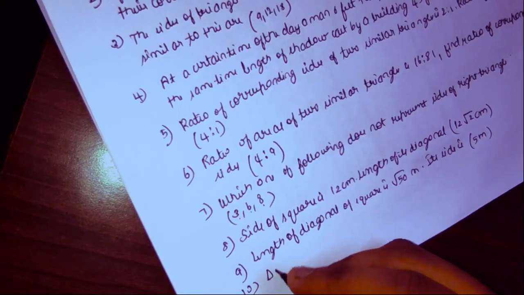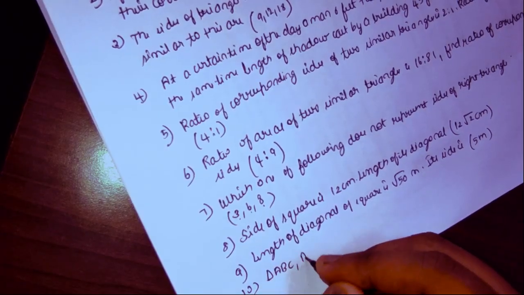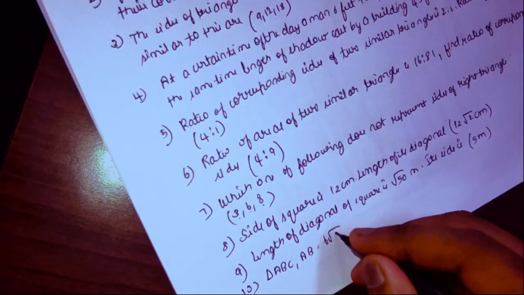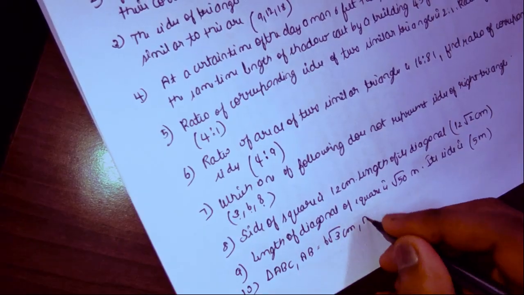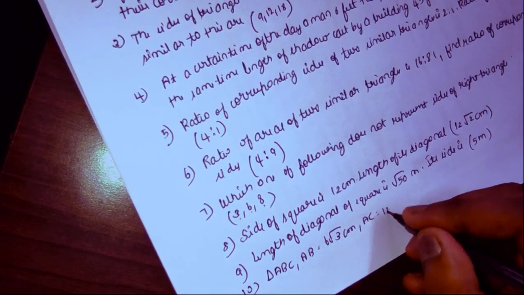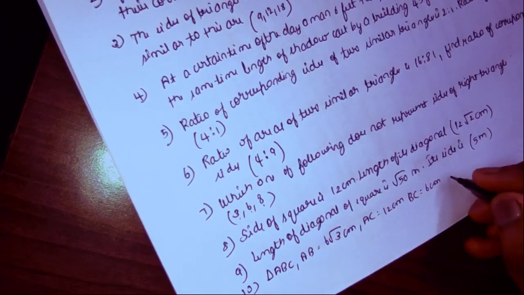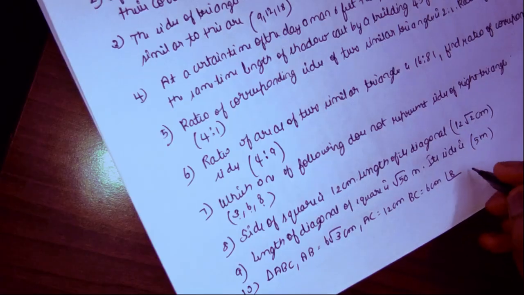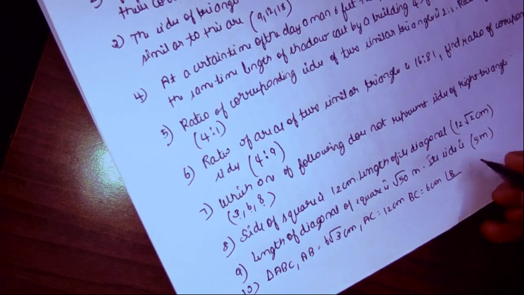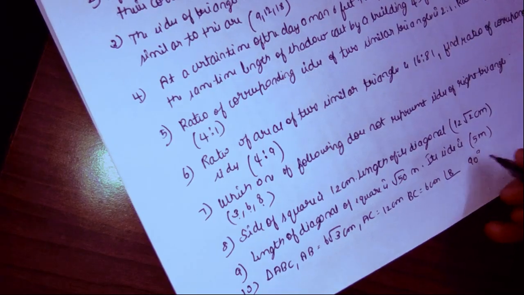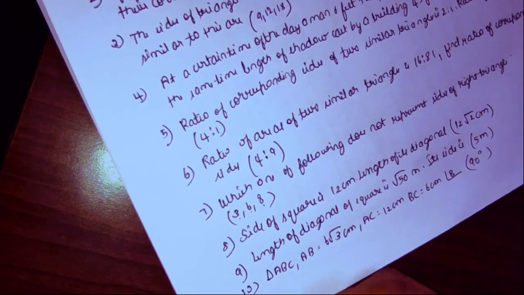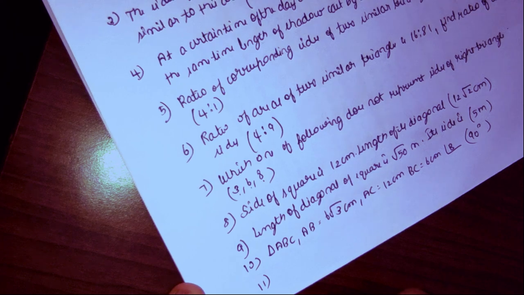In triangle ABC, AB is equal to 6√3 centimeter, AC is equal to 12 centimeter, BC is equal to 6 centimeter. We have to find angle B. The angle B is 90 degrees. Last 1 mark MCQ.